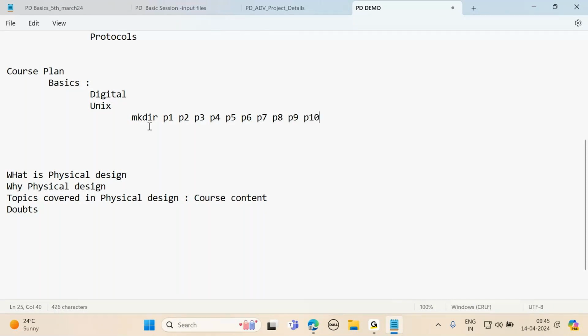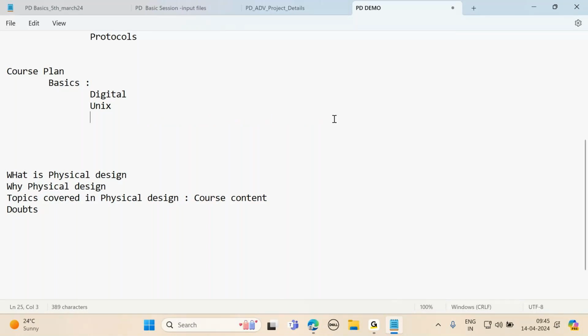It means create these 10 folders: one folder with the name P1, another with the name P2, another with the name P3, like this. mkdir is a Unix command. So you are going to learn how to interact with operating systems using all the Unix commands.